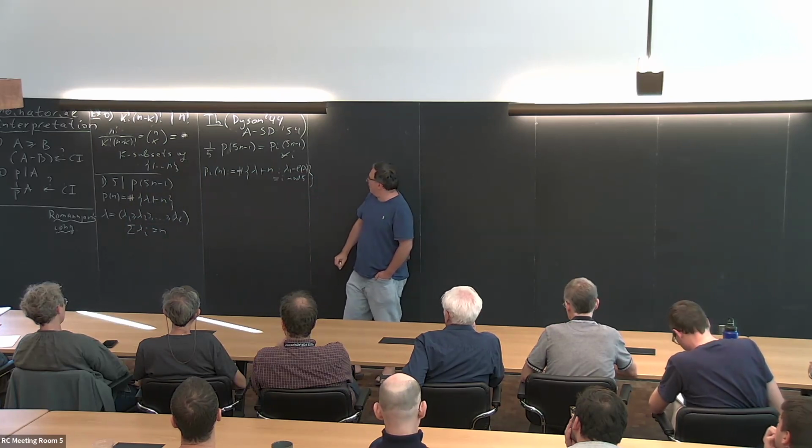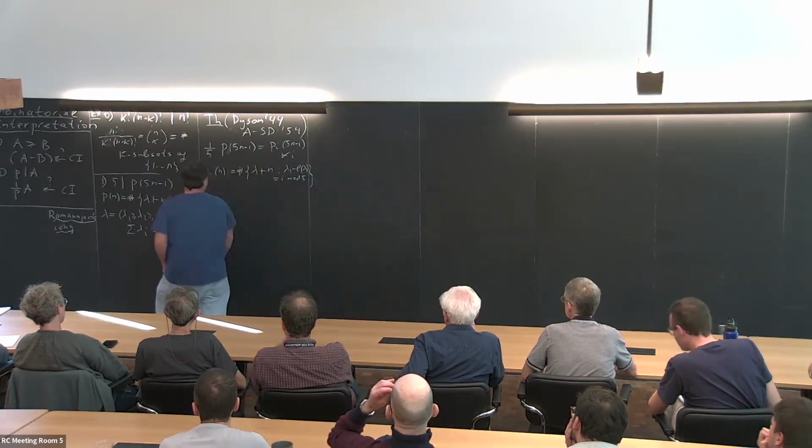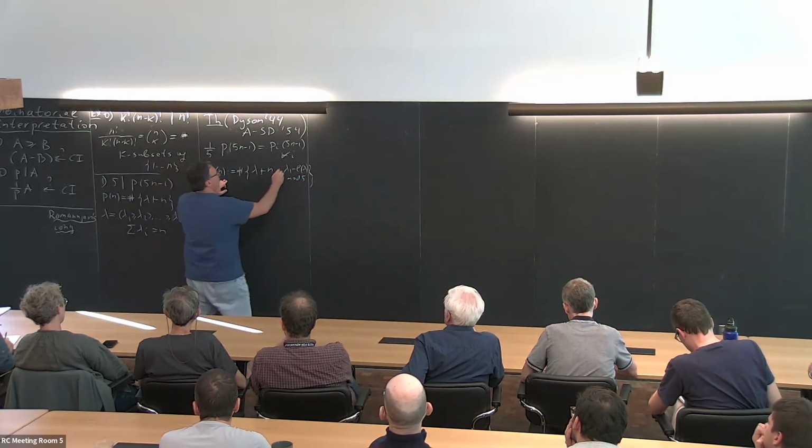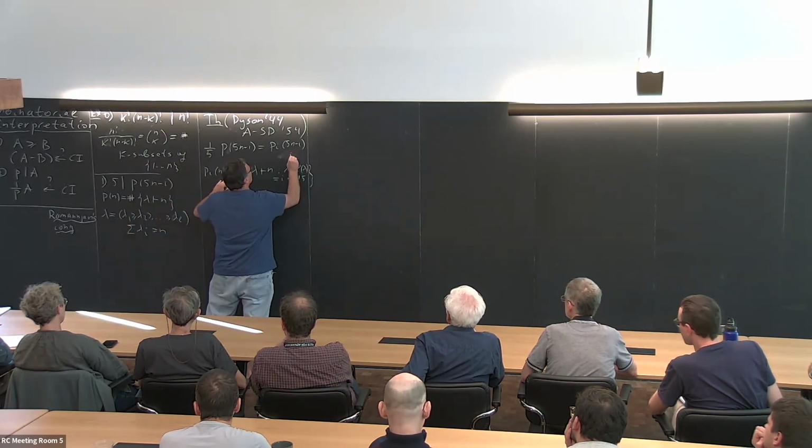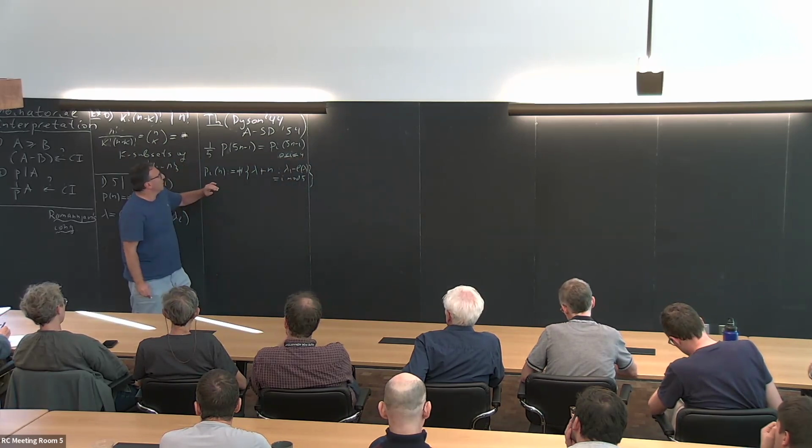Okay. So there are a lot of things written here. Let me write here for i between 0 and 4.